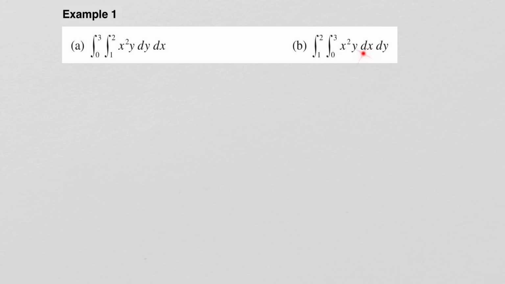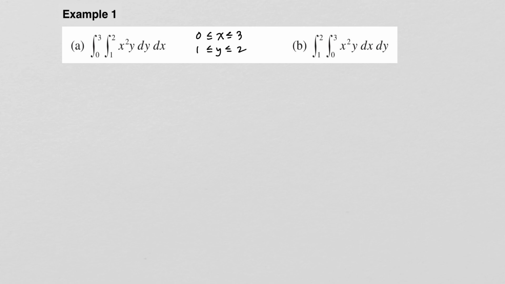Over here, we are integrating the x variable first, which goes from 0 to 3, and then the y variable, which goes from 1 to 2. So in this problem, it's important to note that x is a value between 0 and 3, and y is a value between 1 and 2.